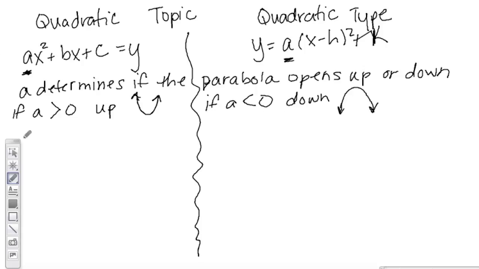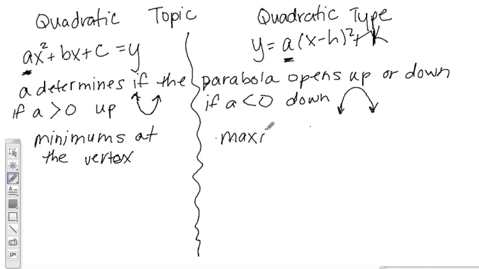So parabolas that open up have minimums at the vertex. Again, this is true for both forms. Parabolas that open down have maximums at the vertex.